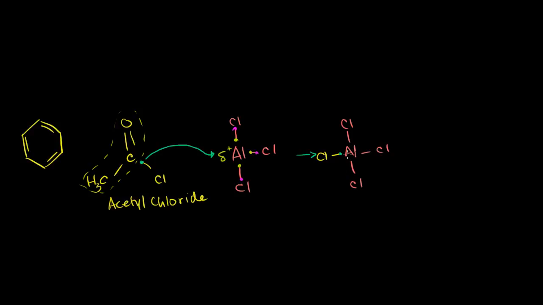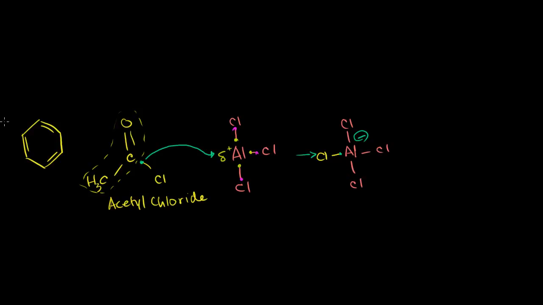And since this aluminum gained an electron, it now has a negative charge. And normally a negatively charged thing isn't that stable, but these guys are electronegative, so they might hog a lot of that negative charge. And on top of it, aluminum can now pretend like it has 8 electrons. It has 1, 2, 3, 4, 5, 6, 7, 8. When you covalently bond to someone, you can kind of pretend like you have their electrons as well. So now you have this anion that was formed from the aluminum chloride.